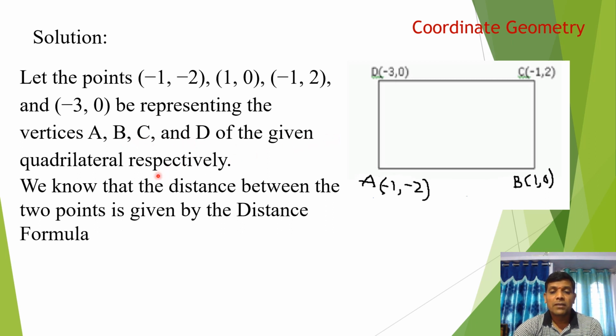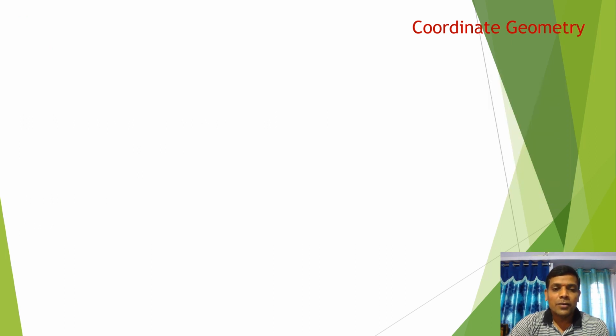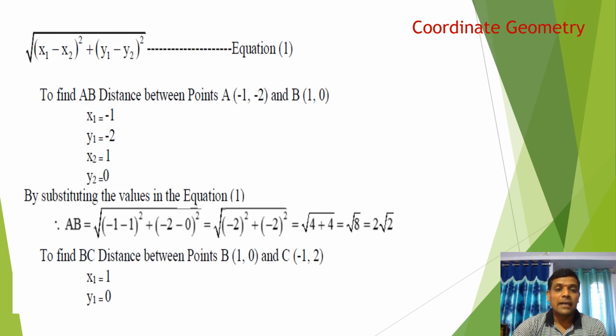We know that the distance between two points is given by the distance formula: square root of (x1 minus x2) whole square plus (y1 minus y2) whole square.